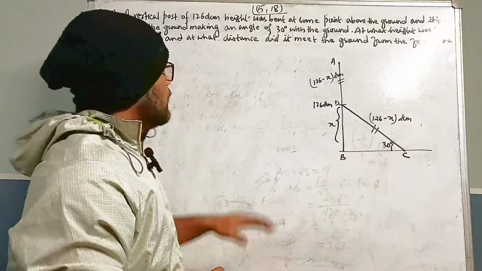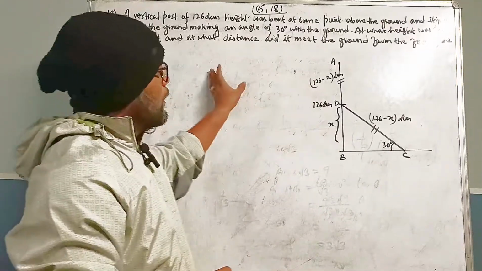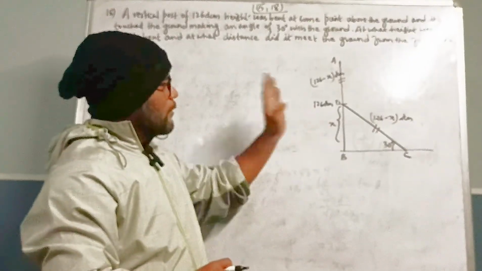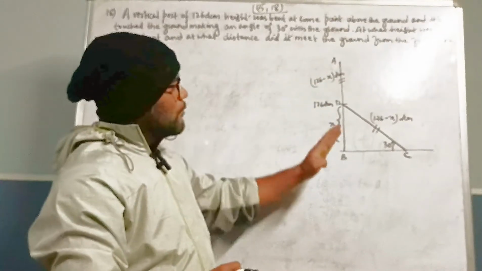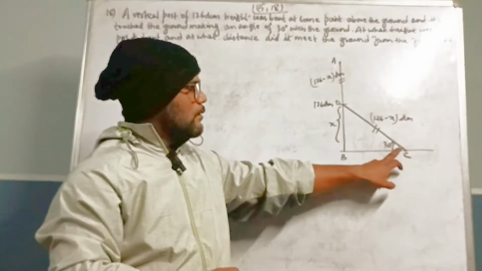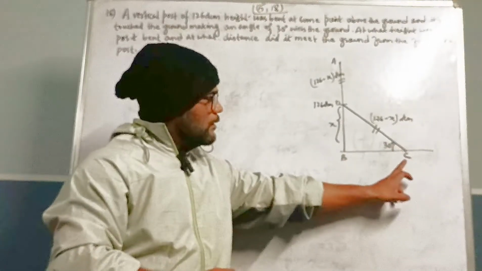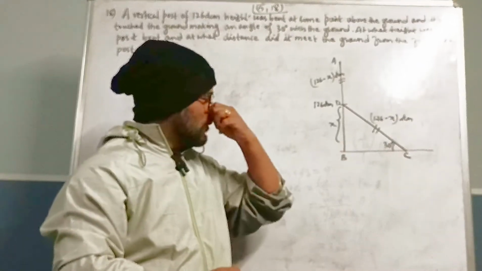Okay, so I'm not writing the sentence, you have to write a sentence. Let AB be the height of the post and DB be the height at which the post was bent. The angle of elevation of top of the broken part of the post which touches the ground is 30 degree. BC is the distance between the foot and top of the bent part of the post.